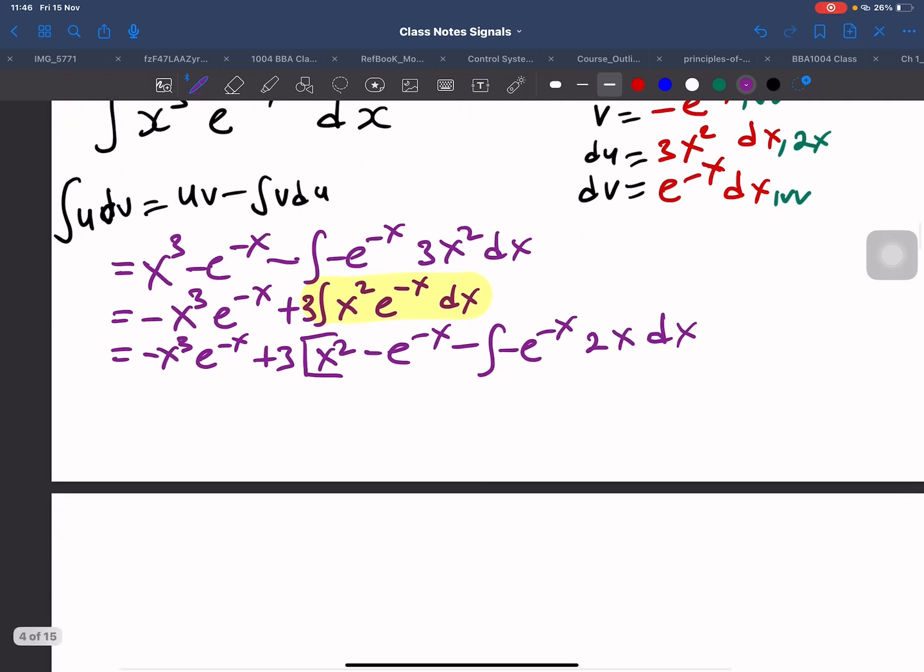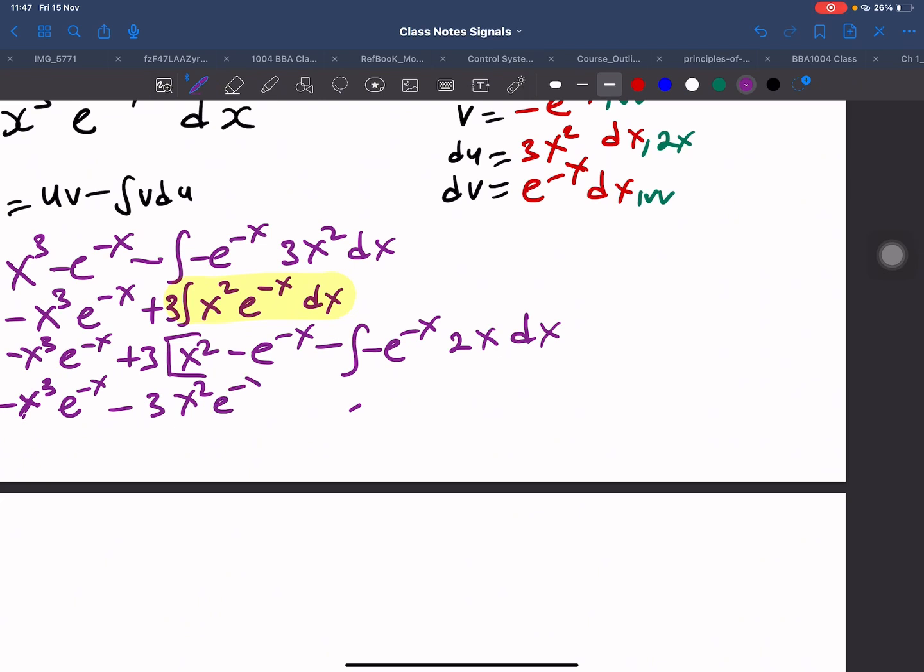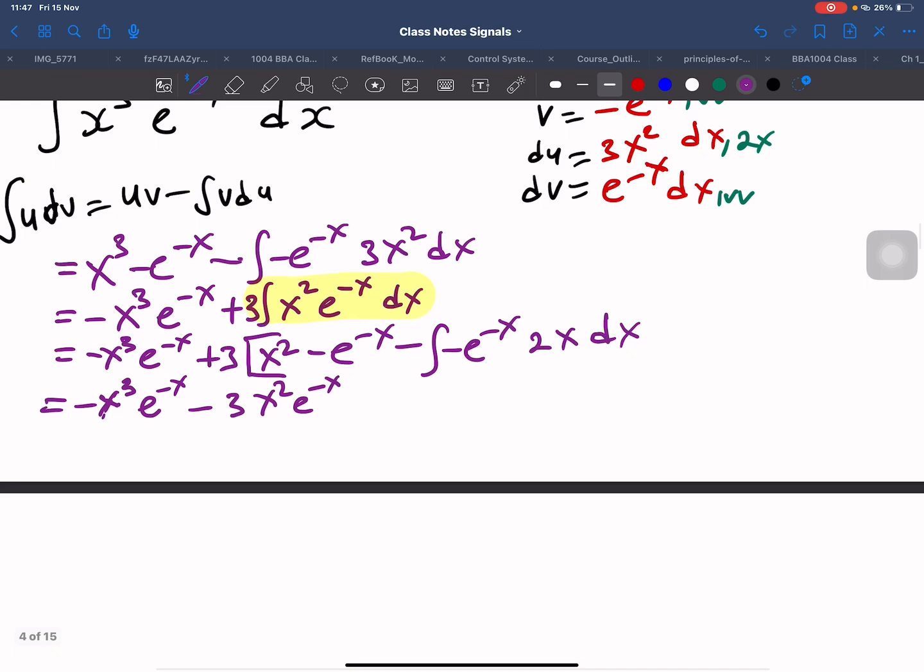So now we continue, we rearrange the equation. We now have minus x cubed e raised to power minus x plus 3, because this one has minus, the sign will change, minus 3x squared e raised to power minus x.